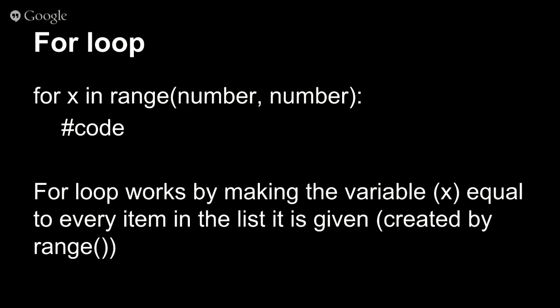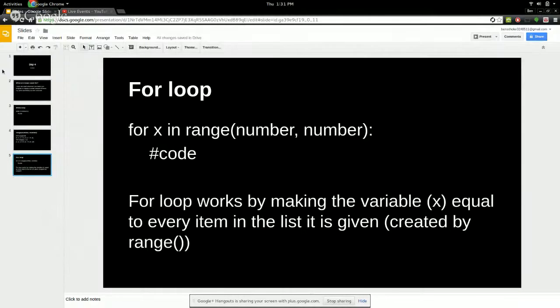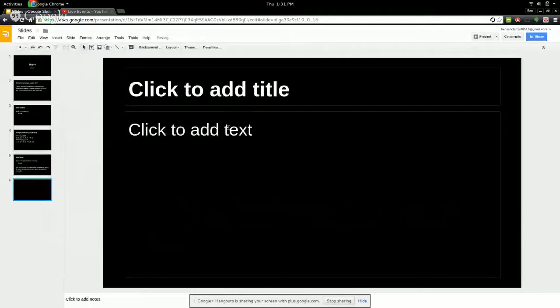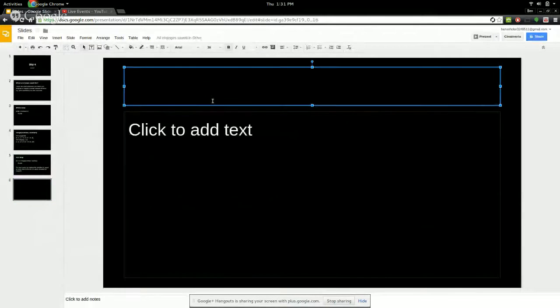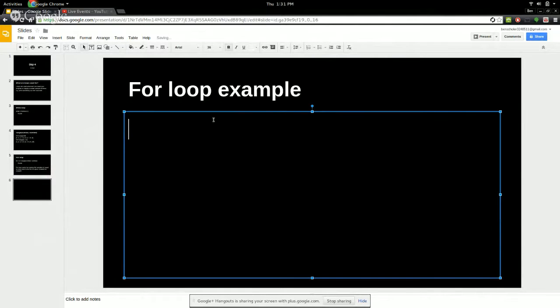You could say for x, and I'll go ahead and write this out on a different slide. Sorry, I like having titles. Go ahead and say for x in range of 10. So it's generating a list of 10 numbers.